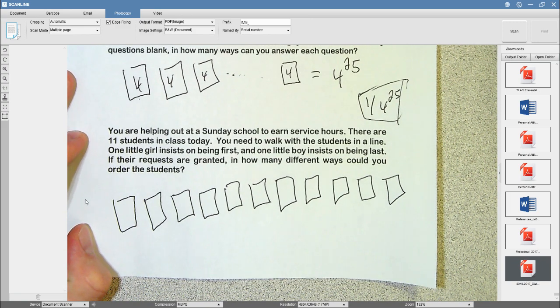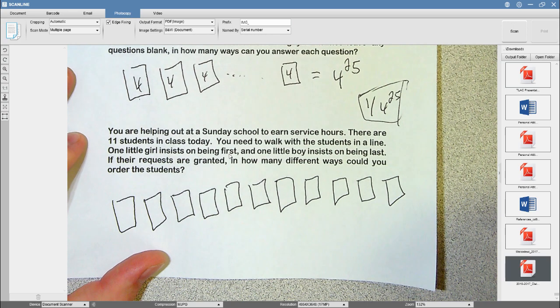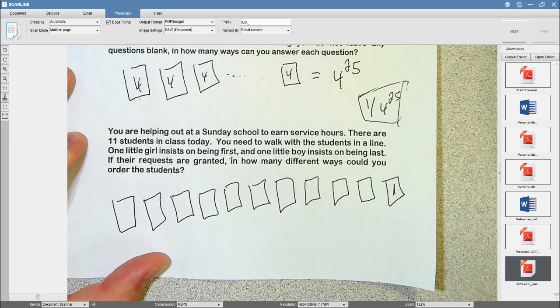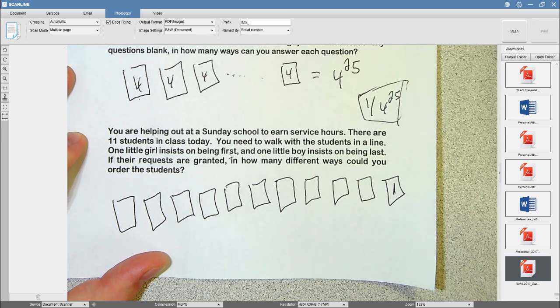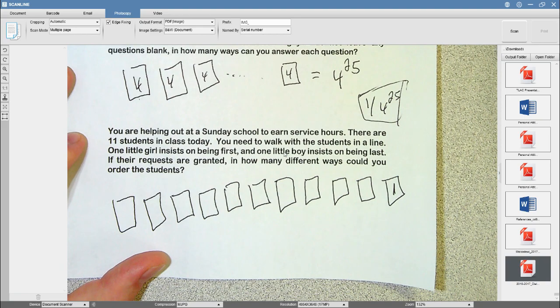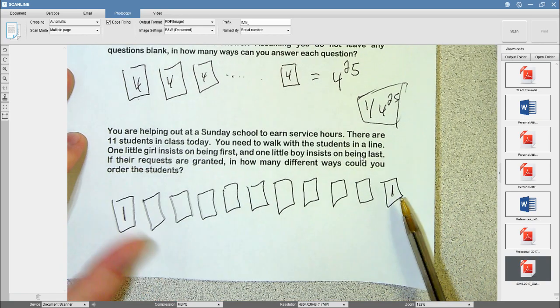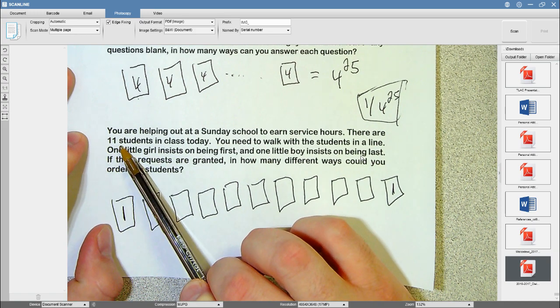Now, it says here that one student wants to be first. So there's only one, and if we're going to grant their request, there's only one person we can put in that first box. So that's not even a choice. We have to have that specific one person there, and another person wants to be the last in line. So we started off with 11 students.